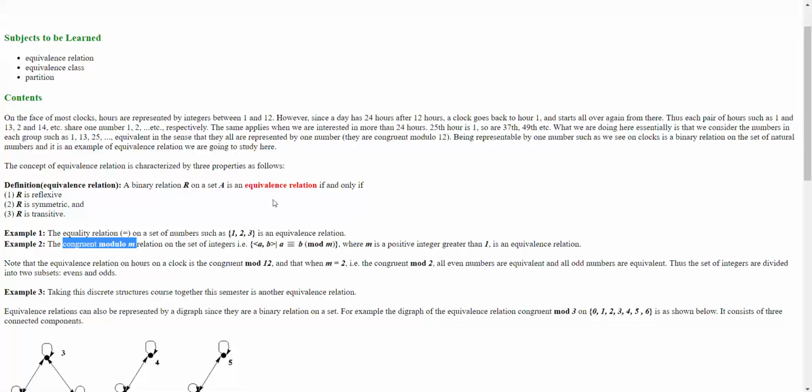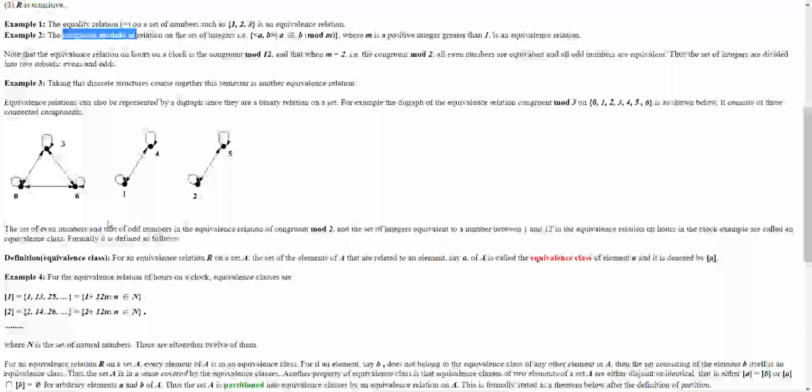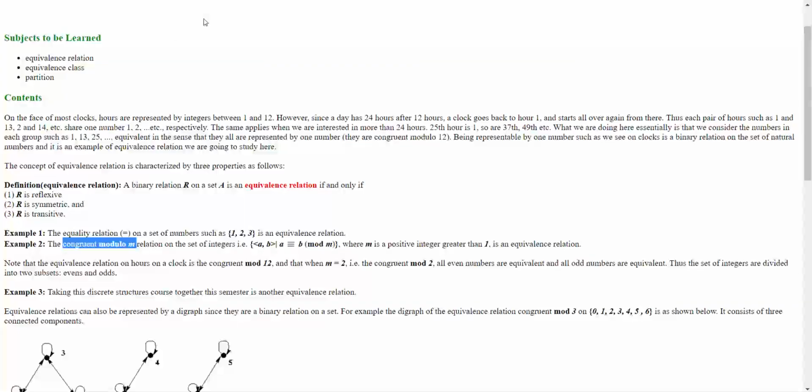If all three hold, then you have an equivalence relation, in which each element is related to A, and the class is basically the result of all the similarities of the elements. Congruent modulo is an example being used here, which we could read more about to get a better idea of what it means. I'll probably look more into this and decide accordingly.